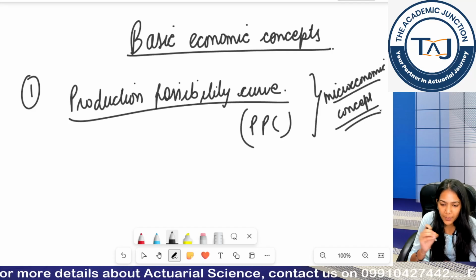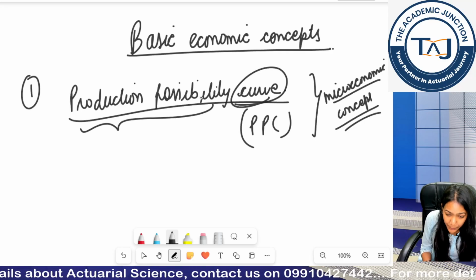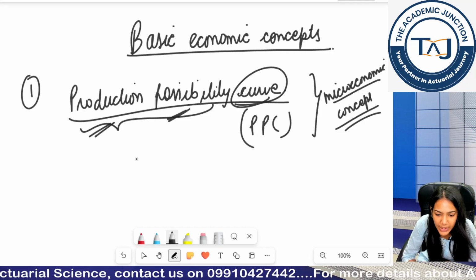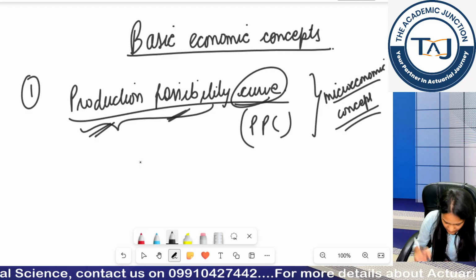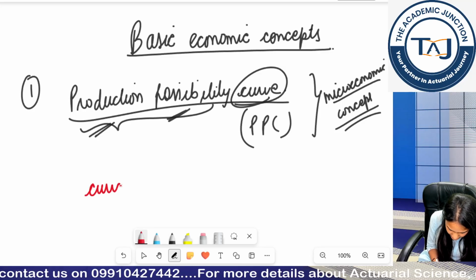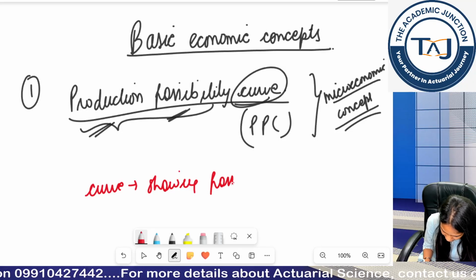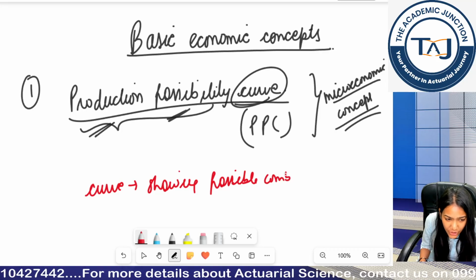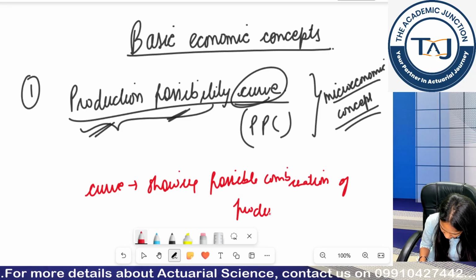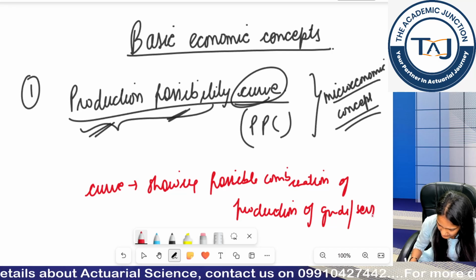Production possibility curve, as the name suggests, is a curve where we show the production capacity, or the possibility of production combinations. If I give the definition, it is a curve showing possible combinations of production of goods or services.